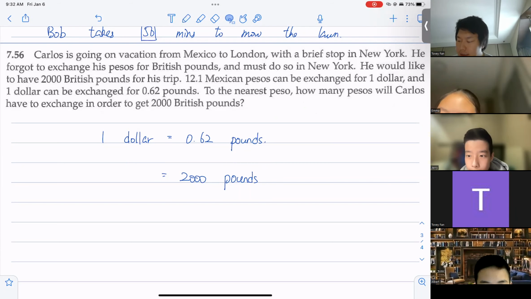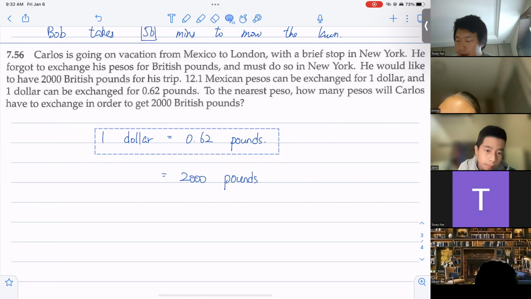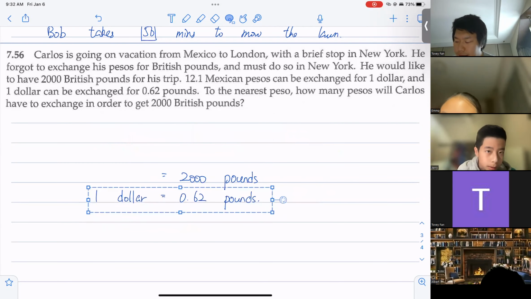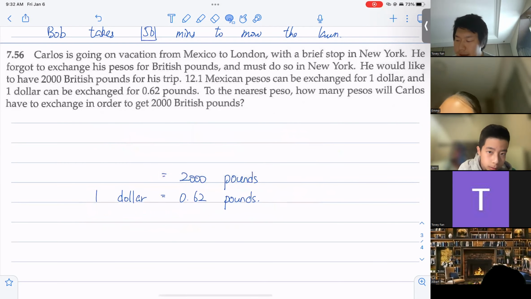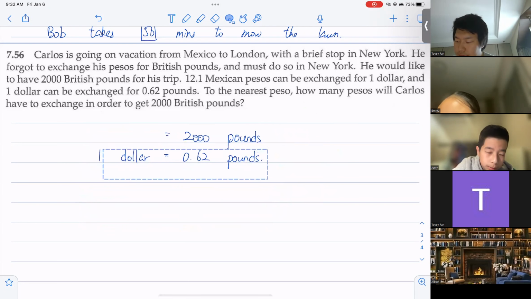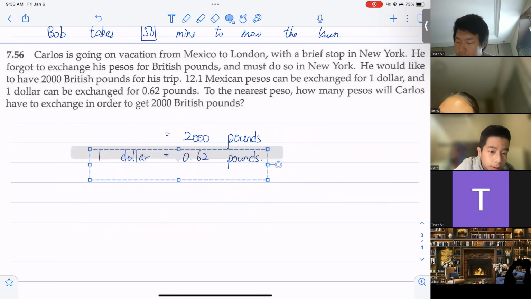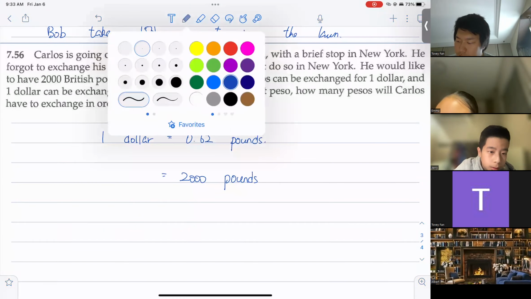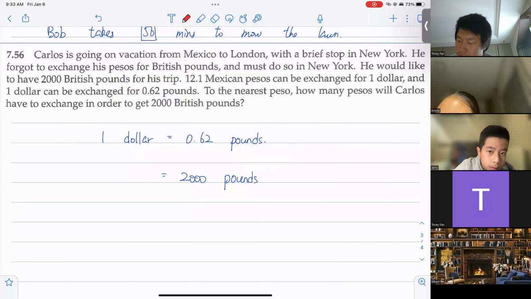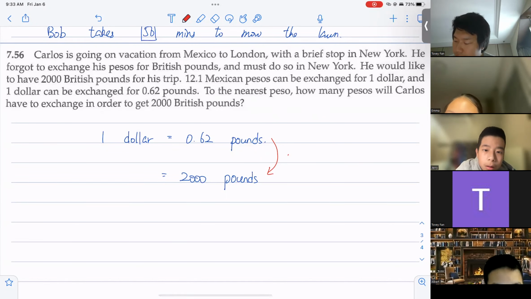Very nice. Yes. There were two ways to think about this. One is to use the conversion factor that we learned previously, okay? Another way to think about this is that you can always think, how do we get from 0.62 to 2,000, right? 0.62 to 2000, you have to times by 2000 over 0.62, right?